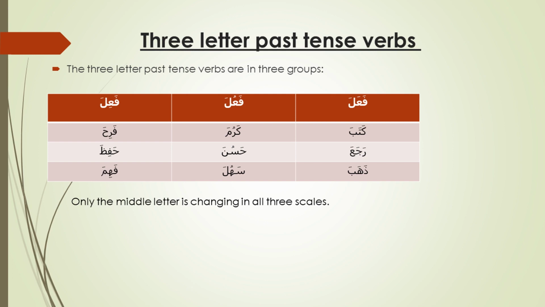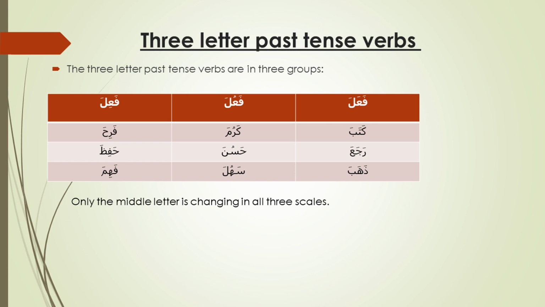So we're going to take some examples now. For fa'ala: kataba, meaning he wrote; raja'a, he returned; and dhahaba, he went, as we took in the previous slide. Then we have the other scale, fa'ula, the difference being the ain taking a dhamma.